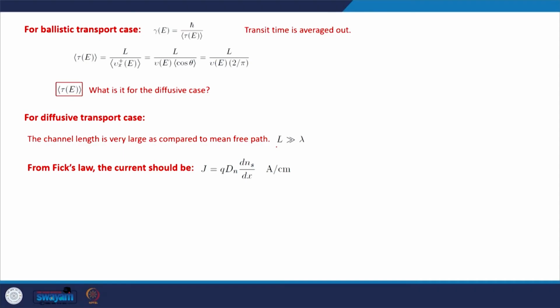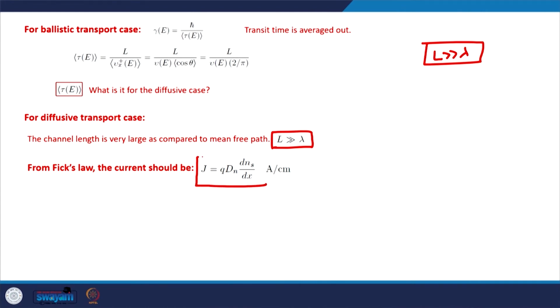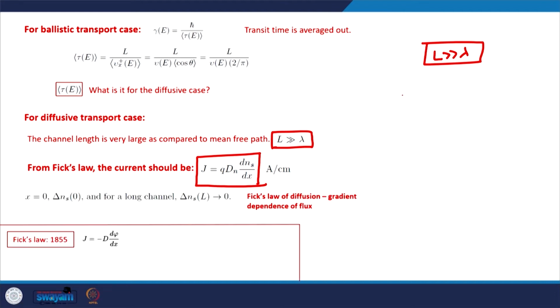So, in the case of diffusive transport, it is understood that the channel length is extremely large as compared to the mean free path, and Fick's law of diffusion says that when we have something that has a population gradient, that has a high concentration area and a low concentration area, in that case the flux of that thing is given by this expression, or more formally Fick's law is given as J is equal to minus D times d phi by dx.